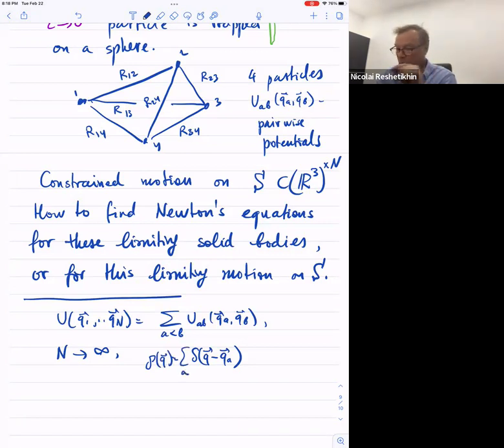And instead of the evolution of individual particles, we will consider the evolution of this density. And then as n goes to infinity, it's a big science. It's a huge science.